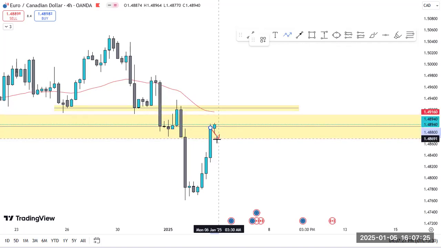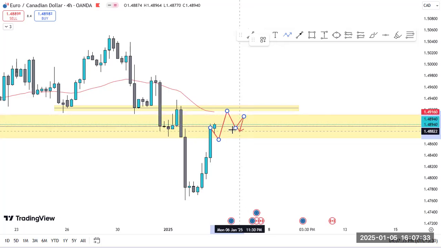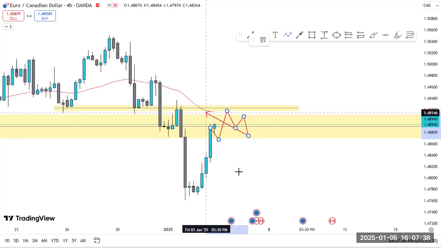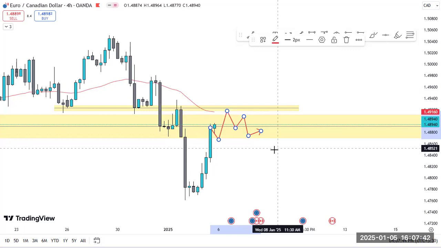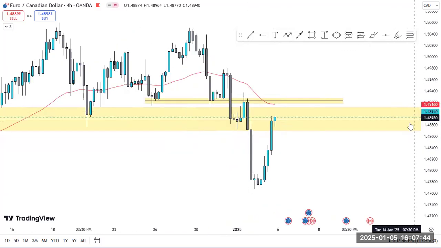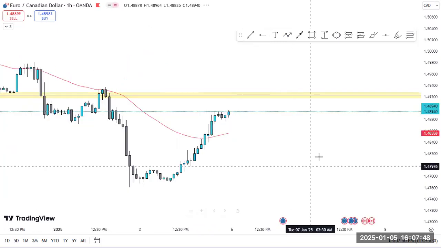Before that, if we have created a higher low, price getting up here and getting rejected, and as soon as we break this, I want to see a double top or a head and shoulders on the lower time frame, which is a great confluence towards the sell side. So let me go to 1 hour.